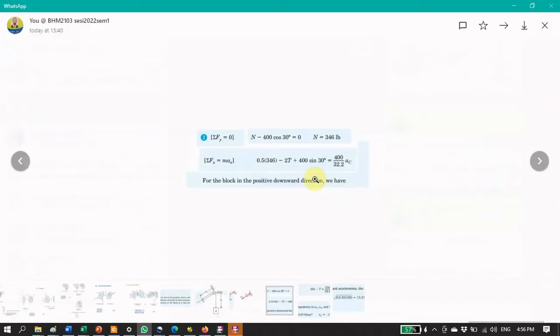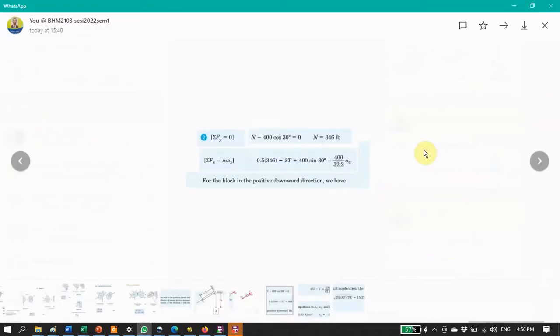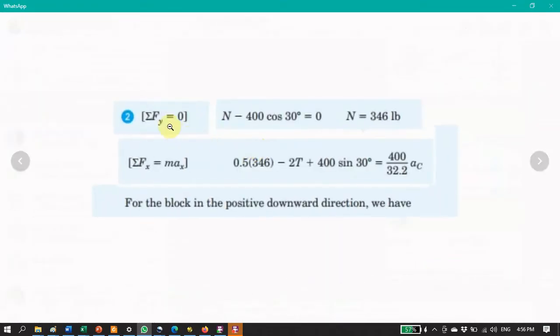Right, for this problem, what the author does is evaluate the component of force in the y direction. So this one I can say is rectilinear motion, and we evaluate the y component because with that we can evaluate the tension in the cables, right?